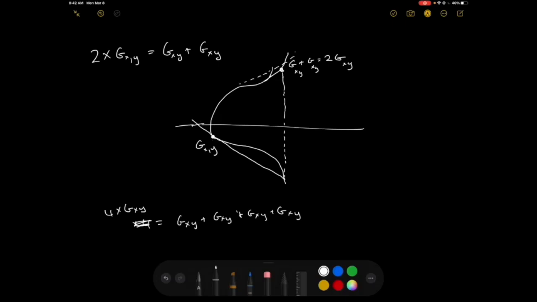You would take the tangent here, say it would intersect here, then you would reflect it. And this would be your 3G. Then you would continue that process one more time to get 4G. So that's the simple idea of how we're going to do multiplications of points in this elliptic curve world.